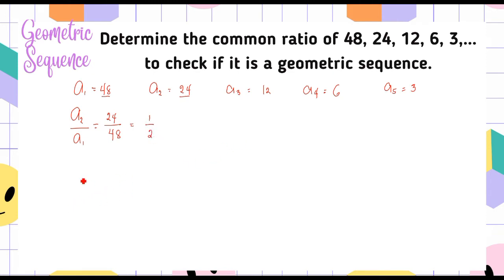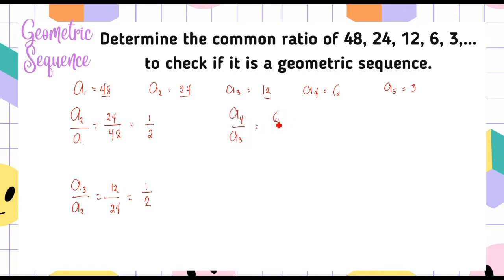Okay? Next one, if we have a sub 3 over a sub 2, so ang a sub 3 natin ay 12, ang a sub 2 natin ay 24. At kung ating ilo-lowest term, and that is also 1 is to 2 or 1 half. Next one is a sub 4 is to a sub 3.